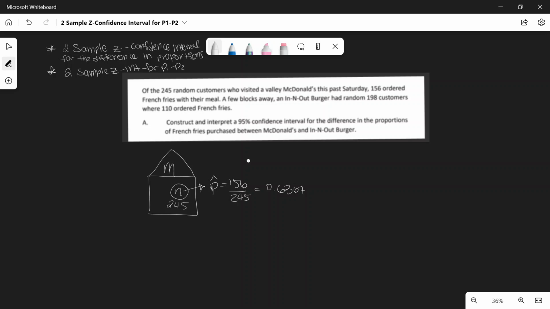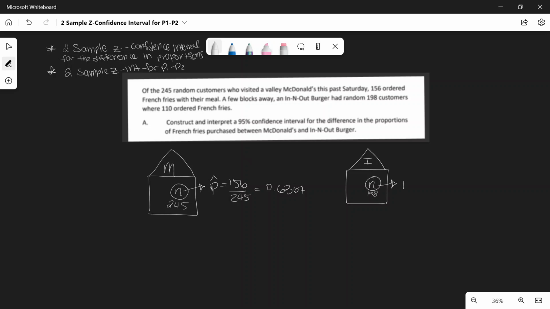Now the next one, a few blocks away, an In-N-Out Burger had 198 random customers, where 110 of them ordered French fries with their meal. So again, I'm going to draw a little house, and I'm going to do I for In-N-Out, and I'm going to take a random sample, small n, of 198 customers.